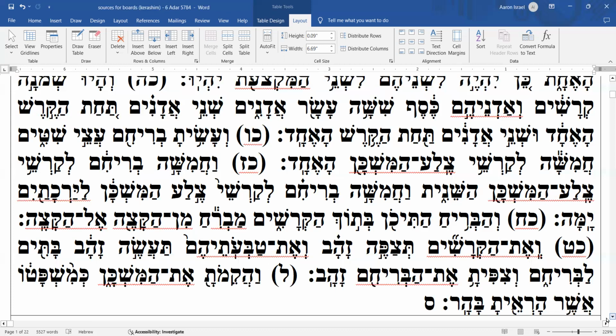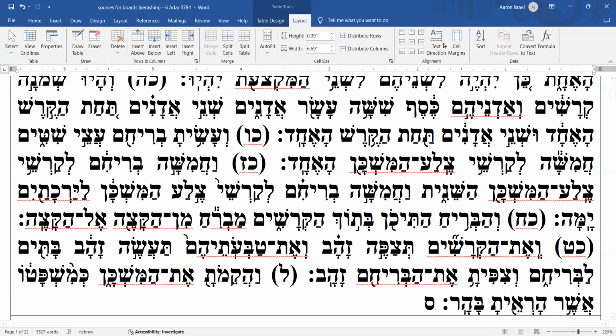The poles are to be coated gold, and there's a difference of opinion as to whether the poles themselves are coated gold or the fact that they sit in these rings that are gold makes them plated with gold. And then you should construct the Mishkan as you were shown on Har Sinai. I guess Hashem showed Moshe somehow through Nevuah how all of this was going to be put together.